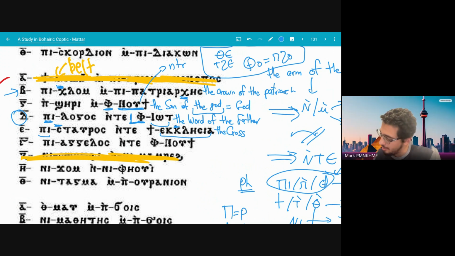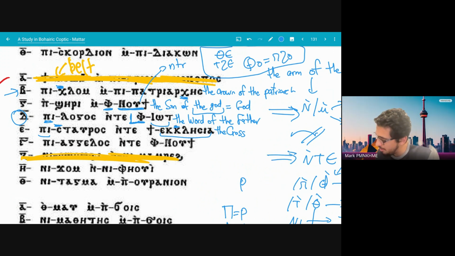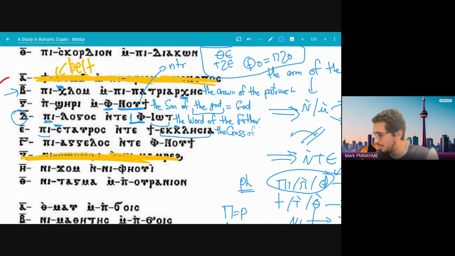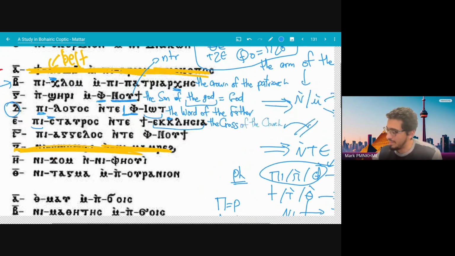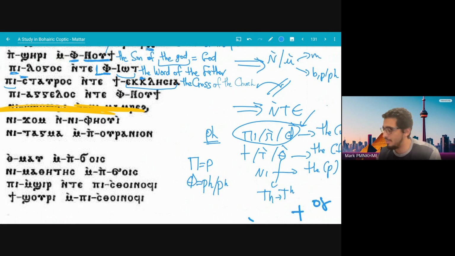Ente means of. I'm guessing T means the church. Yes, and it's feminine. So masculine lives off the P, feminine lives off the T, and then plural lives off the N.